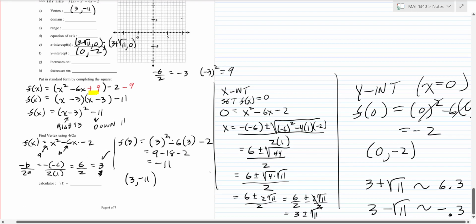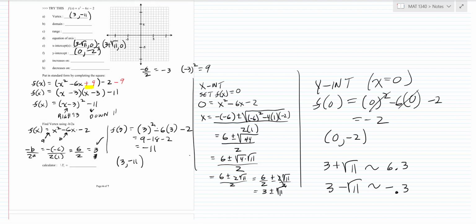So now as far as your graph goes, what you want to do is plot the vertex, so over 3, down 11, so that's 3, negative 11. And then your intercepts, you have one that's at about 6.3, just kind of estimate it.